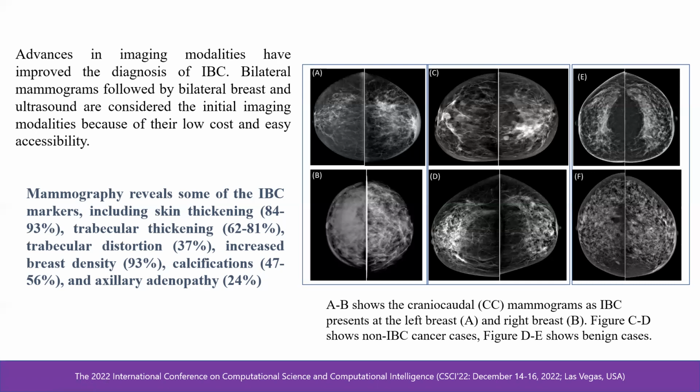In radiological imaging, IgM may display skin thickening and edema similar to IBC. These characteristics are making the detection or diagnosing of IBC more difficult.